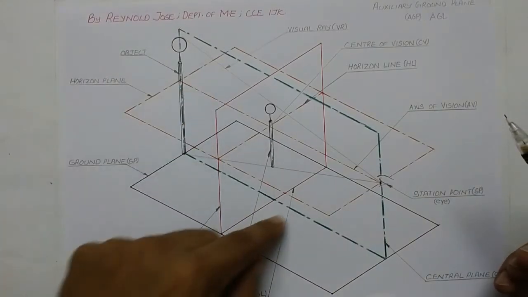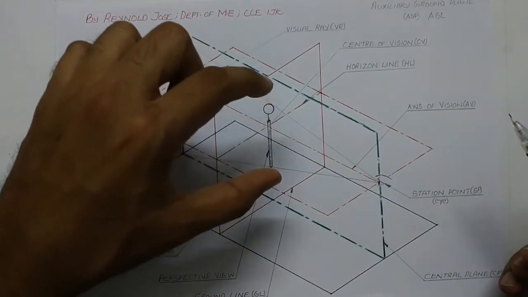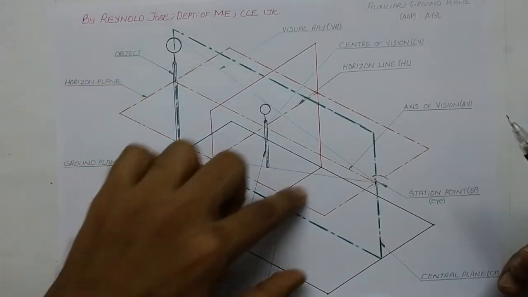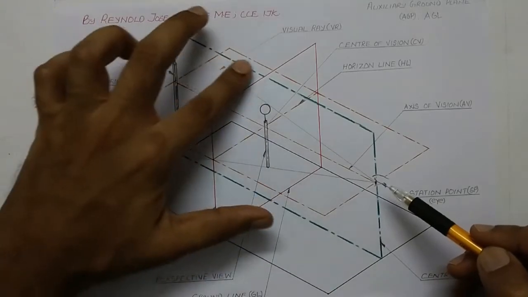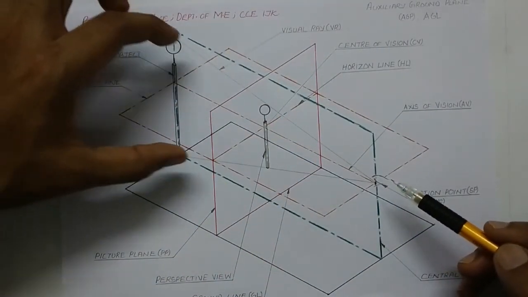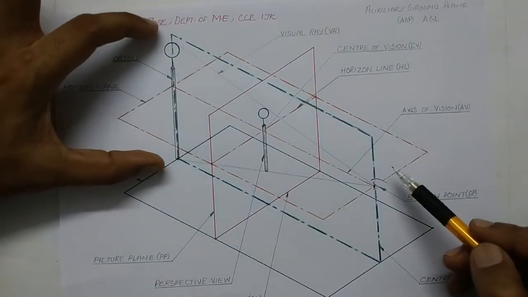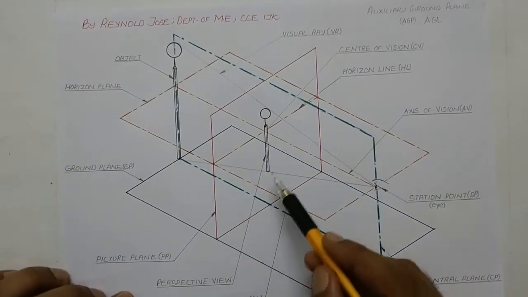We get the image somewhere on the lens of the camera. Here this is the station point, this is the lens and this is the object, and we get a smaller image of this object on this picture plane. So this is the concept.